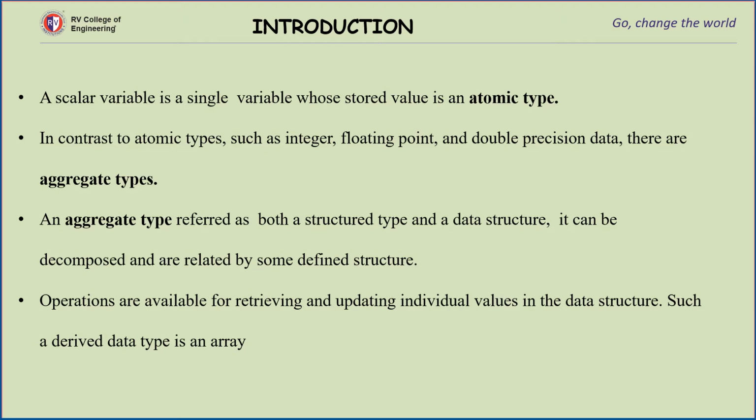In contrast to these, there are something called aggregate types, wherein they can store more than one value. Now aggregate type refers to both a structured type and a data structure, and they can be decomposed into simpler elements by some defined structure.